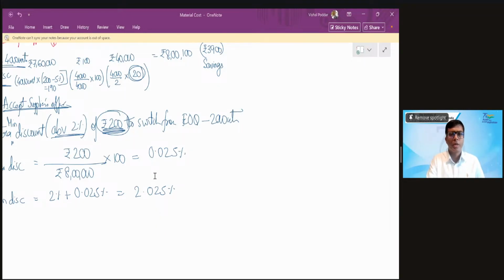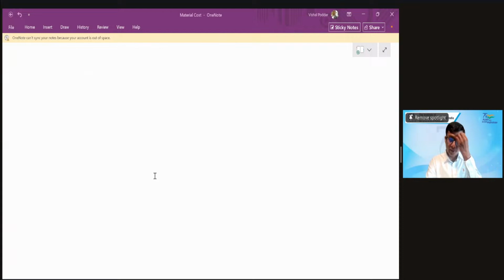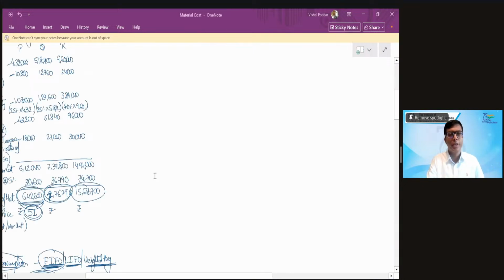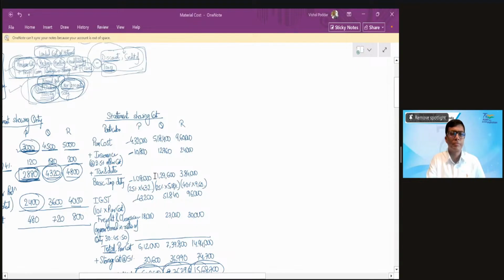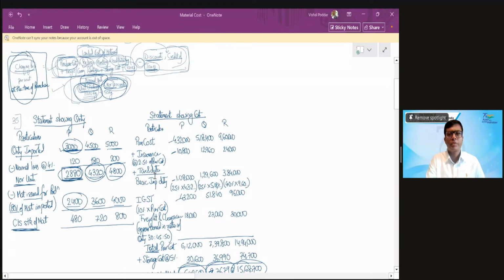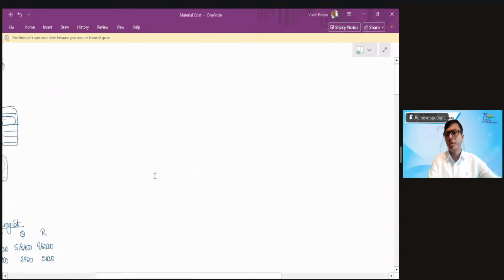Okay, Neeraj has asked me, sir, what is cost center? See, in the subject of costing, we have different terms linked with the word cost. Like we have cost object, which is your product, your service. We have cost unit, that is the quantity for which the costing is done or the cost is to be expressed.